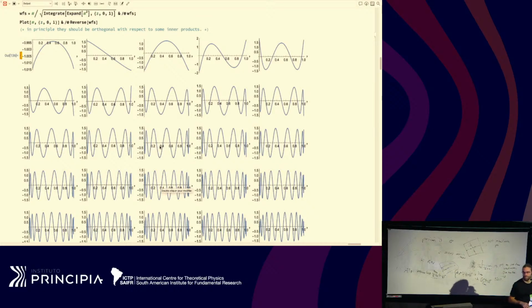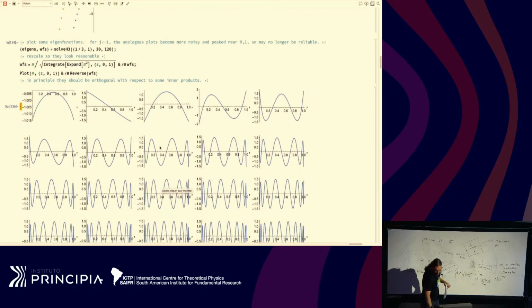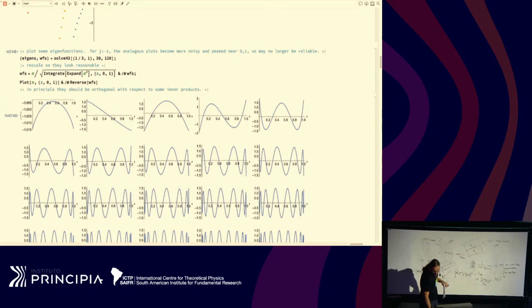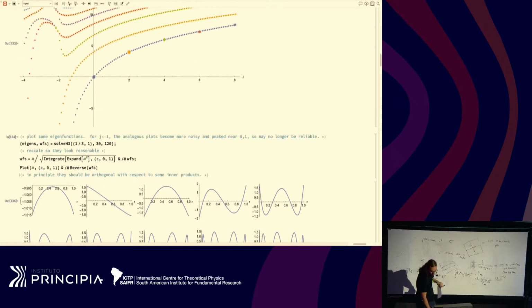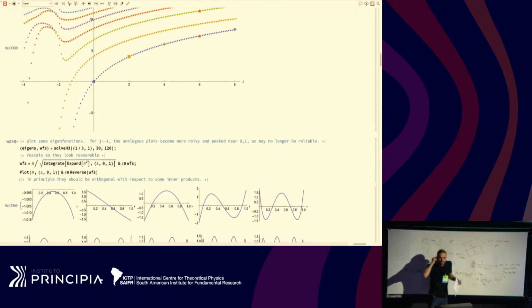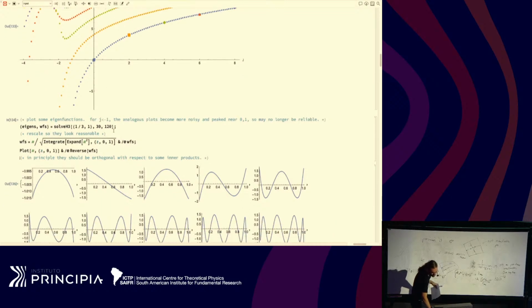What do you expect analytically for the behavior at z equals 0 and z equals 1? Z equals 0 is very boring. That's a great question. For integer spin, for positive spin, I don't really see a reason why anything singular should happen there, and that's supported by the numerics.